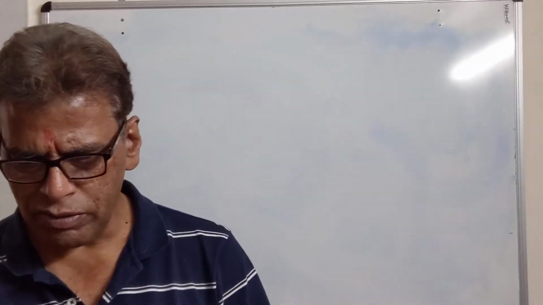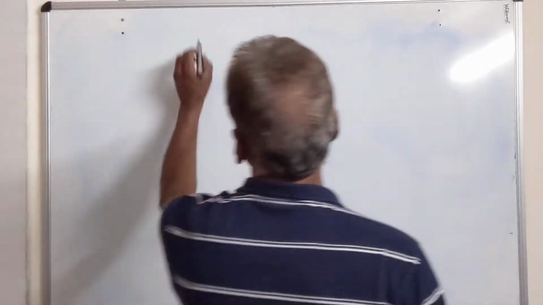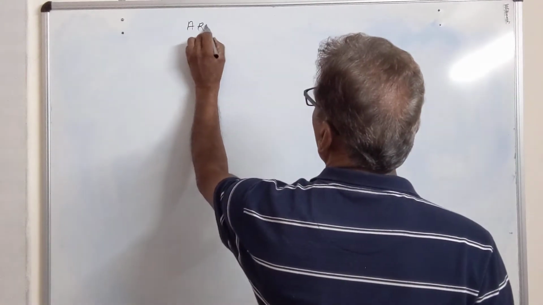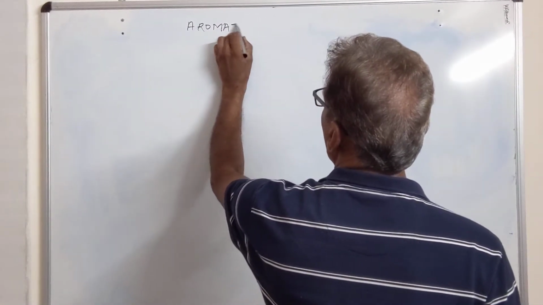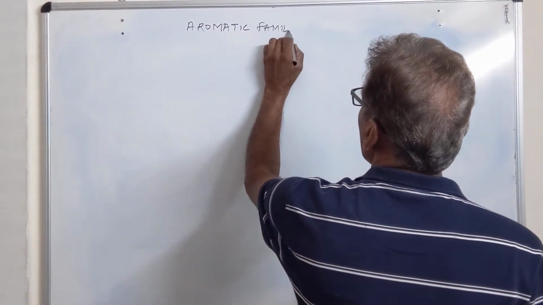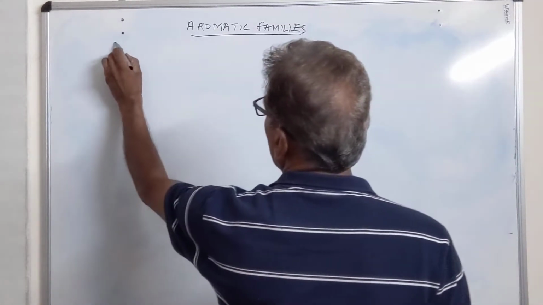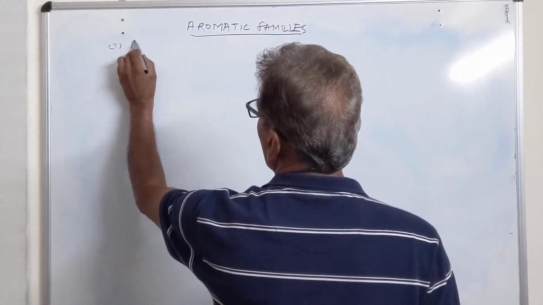So we are now starting with the aromatic families. They are the aromatic hydrocarbons and the derivatives of aromatic hydrocarbons. So first of all we take aromatic hydrocarbons.